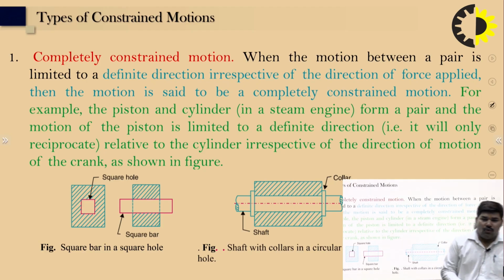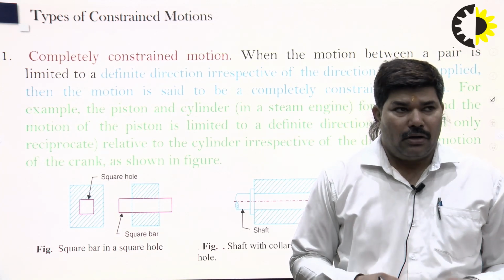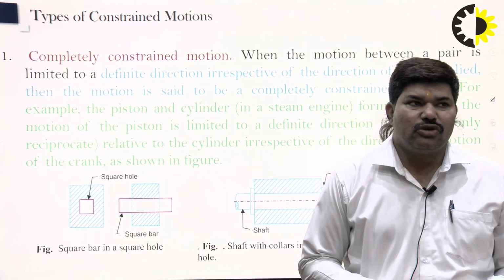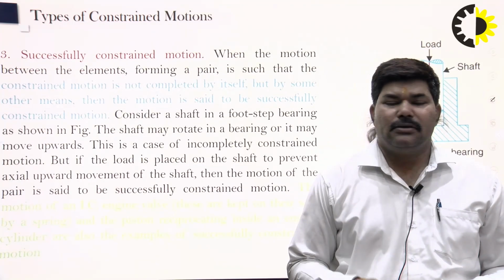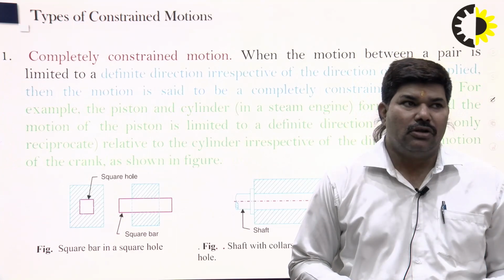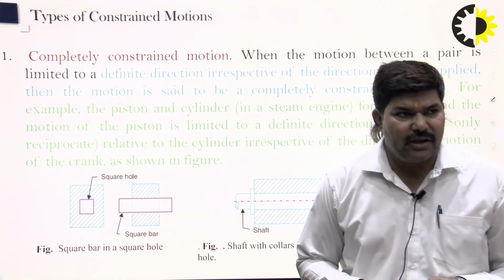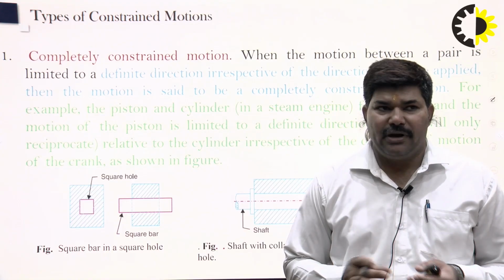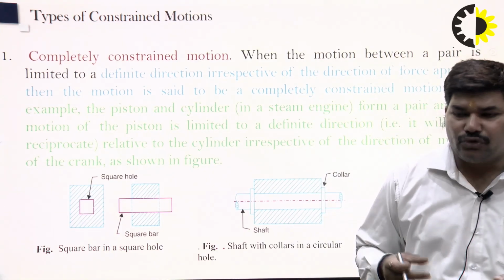Now, what are the types of constrained motion? There are three types: completely constrained motion, incompletely constrained motion, and successfully constrained motion. Completely constrained motion is when the motion between a pair is limited to a definite direction irrespective of the direction of the force applied.